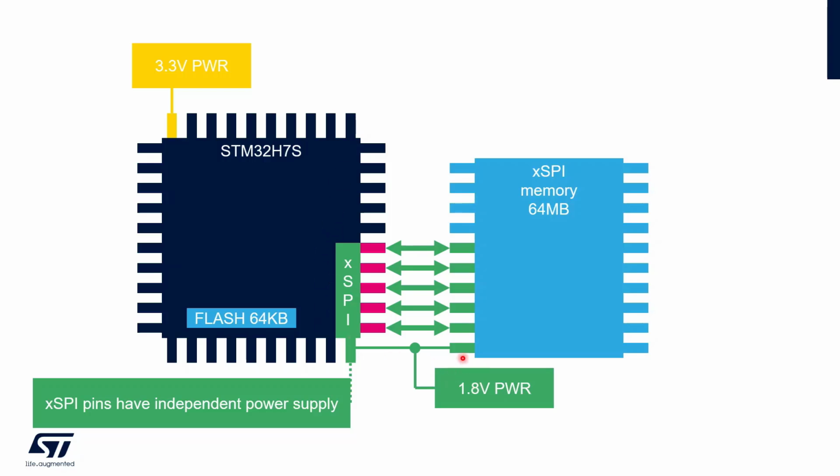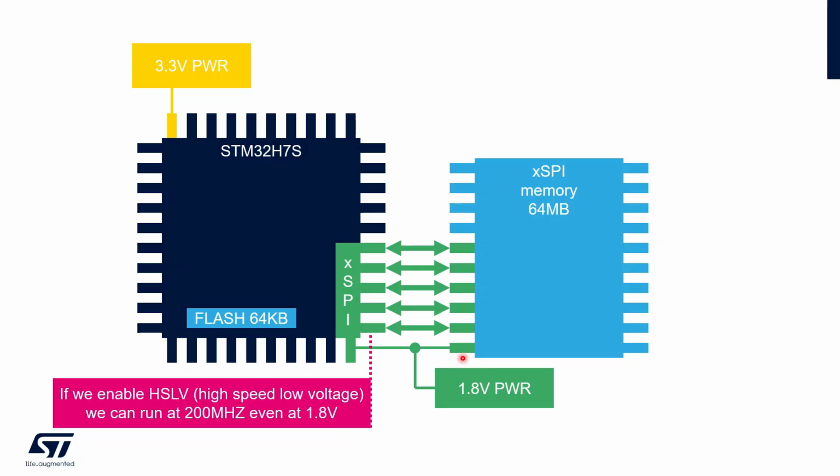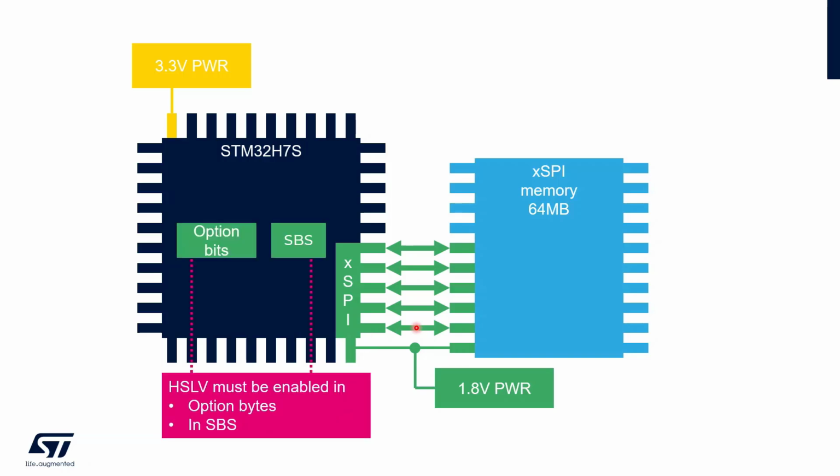The workaround is high speed low voltage, which we can enable to allow the pins to also run at this maximum speed. But it has one important drawback. If you accidentally enable this feature and you're running these pins on 3.3 volt, you may damage them. So you should only enable it if your voltage is lower than 1.7 volt on these dedicated pins.